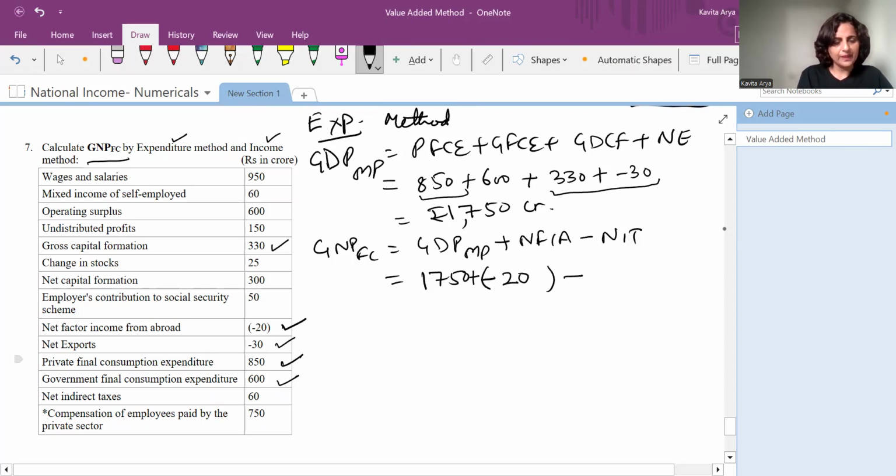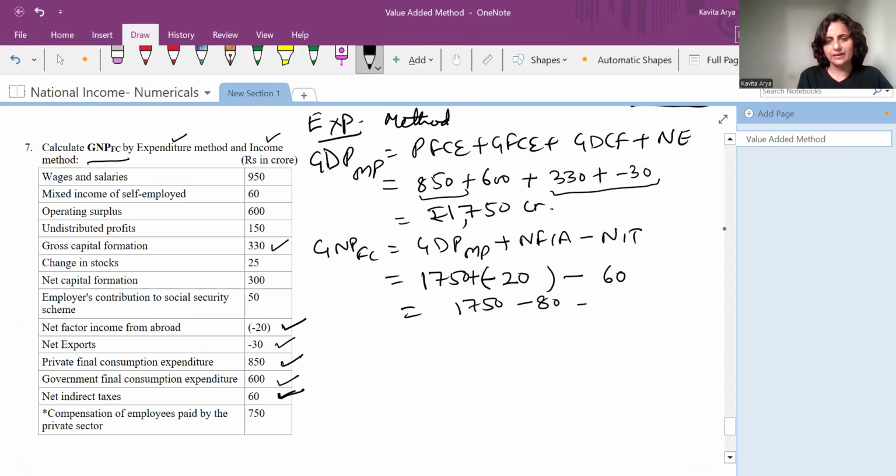Minus NIT. NIT is indirect taxes minus subsidies, but that is not required. It's a straight value given. Net indirect taxes is 60. So I have two components of minus. I'll write 1750 minus 80. So this becomes 1670. This is the answer from one method.